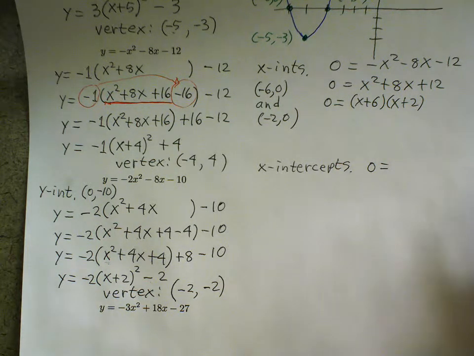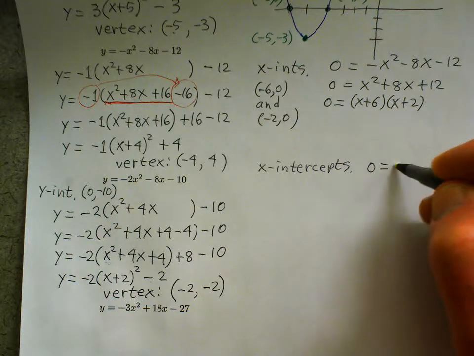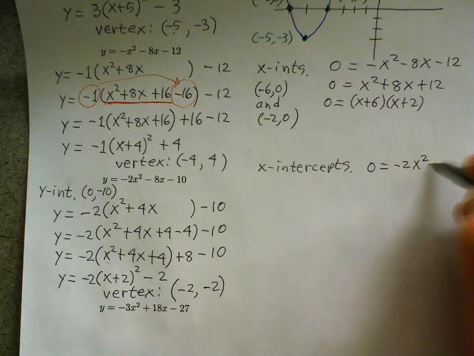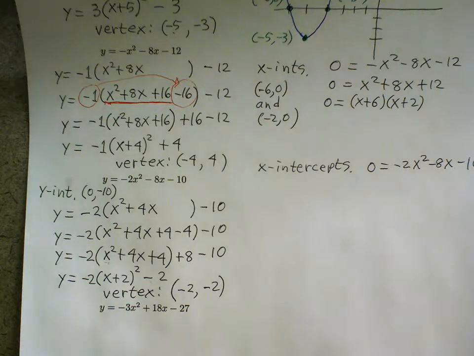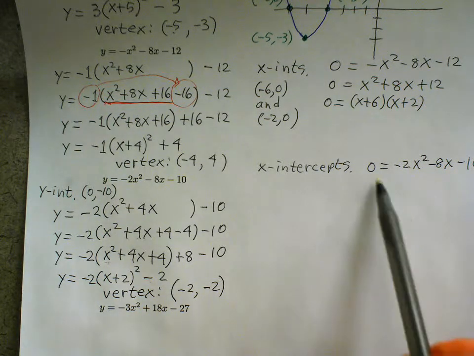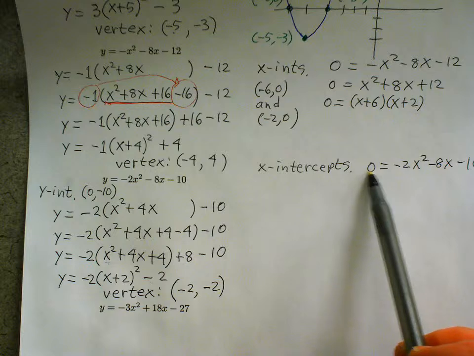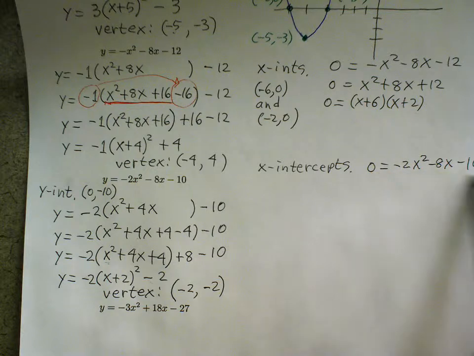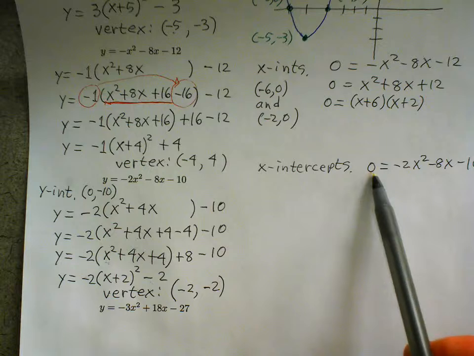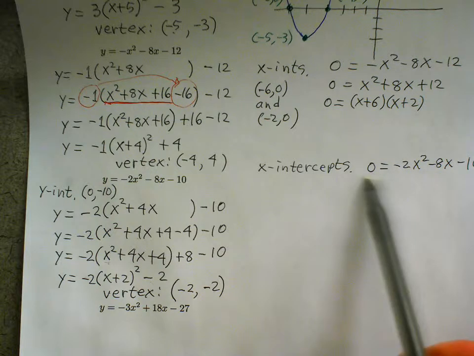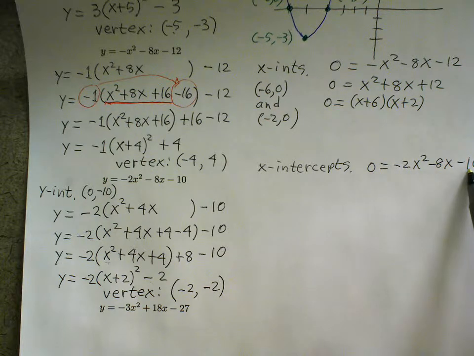So we have 0 equals -2x squared minus 8x minus 10. Since we are solving an ordinary quadratic equation, the variable y has been replaced with a number. So now we can proceed to solve this equation.